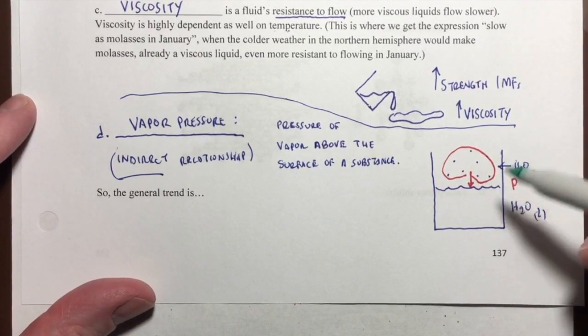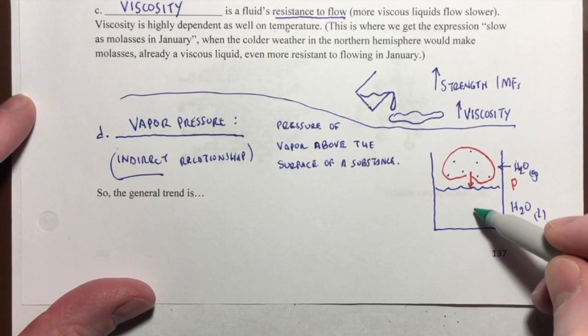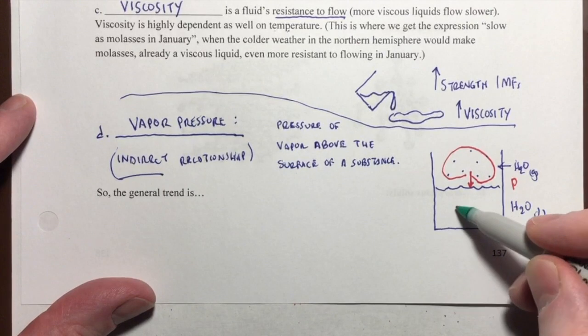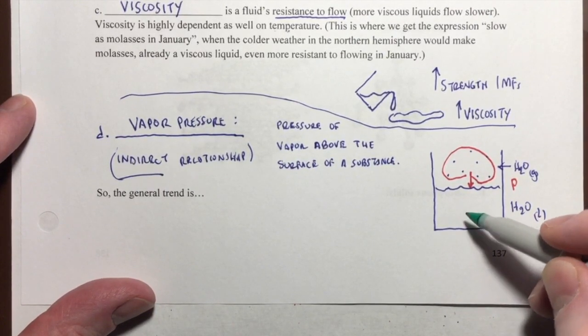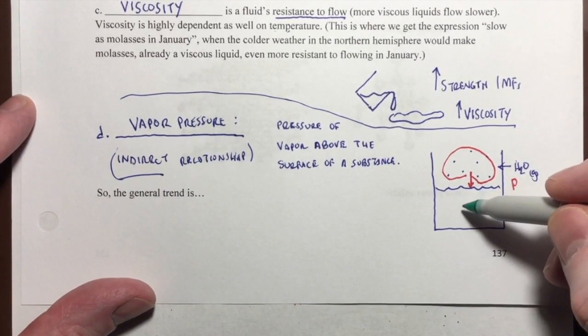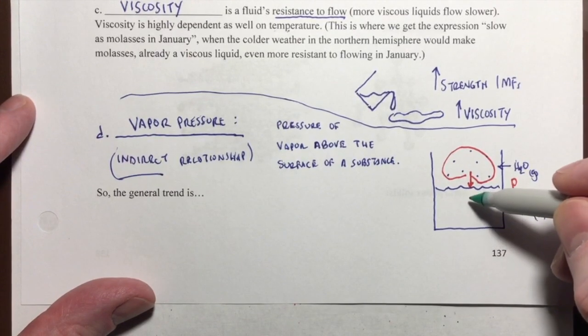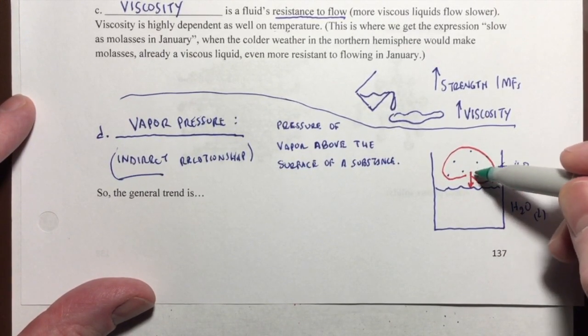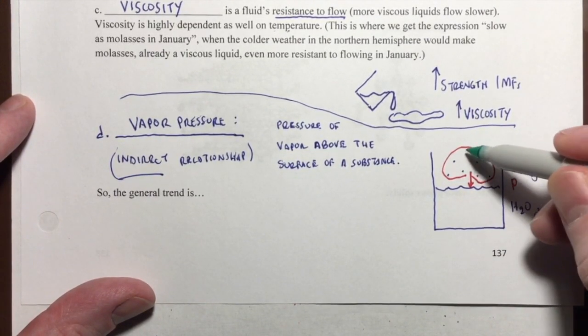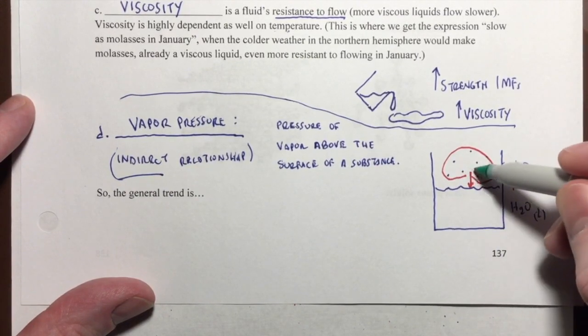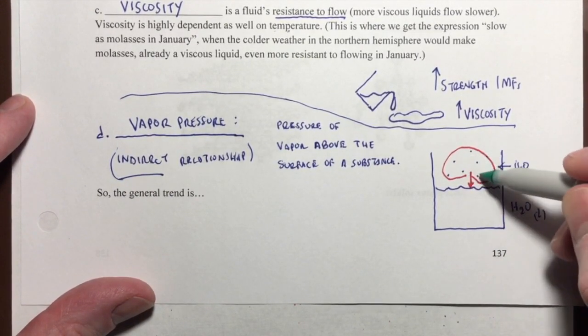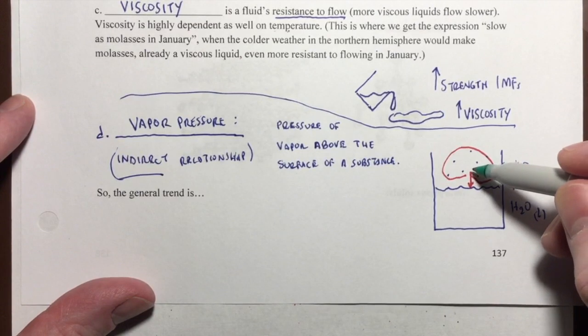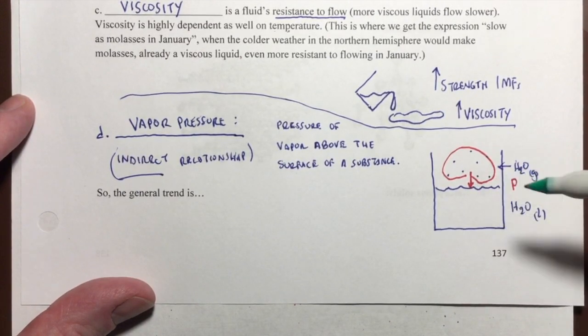So I'll say that again. The stronger the IMFs in this substance, the fewer of those molecules are going to be able to break out into the vapor phase, and the fewer of those molecules that are in that gaseous vapor phase, the less pressure they are then going to be able to exert back downward.